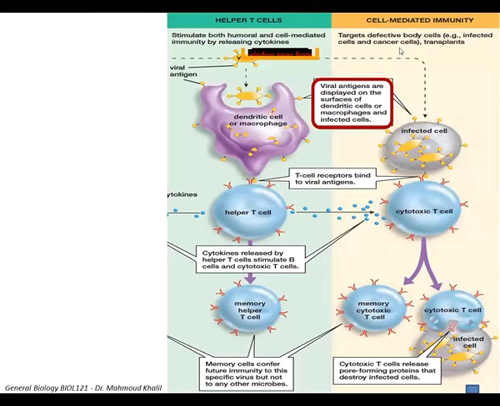You can see here this column represents helper T cell, and this one represents cell-mediated immunity. If an invader like a virus got inside our body, this virus is engulfed by dendritic cells or macrophages, which are called antigen presenting cells.